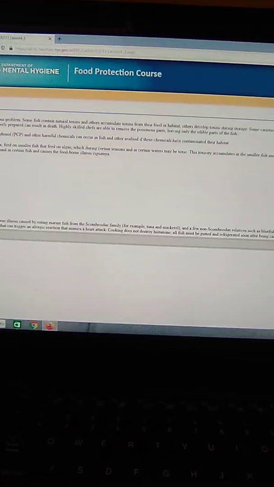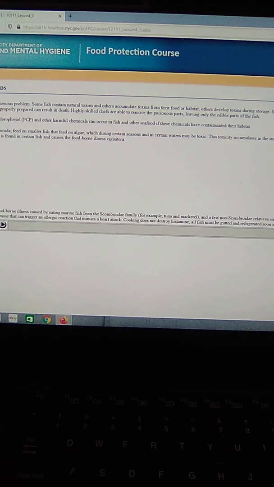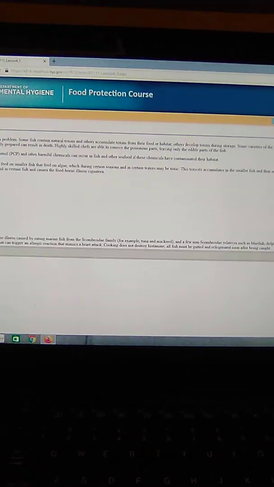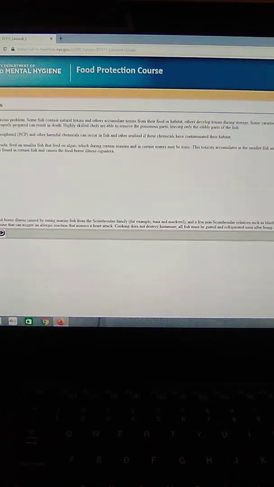Some varieties of the pufferfish produce a deadly poison, tetrodotoxin. Eating these fish when they are not properly prepared can result in death. Highly skilled chefs are able to remove the poisonous parts, leaving only the edible parts of the fish. Dang, you need some pufferfish to kill you.